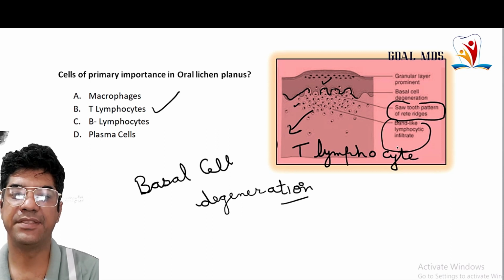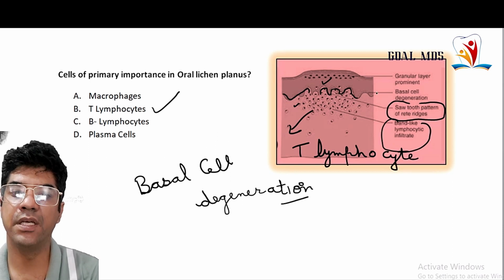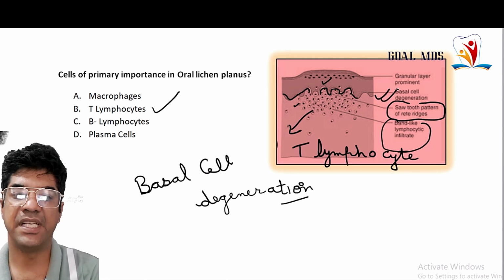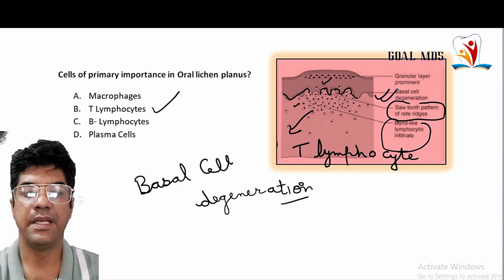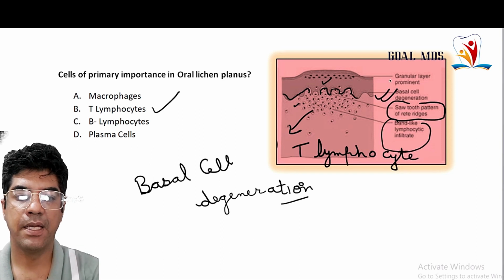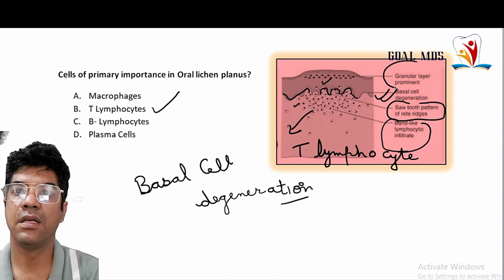So that means the damage and degeneration of the basal cells in the oral epithelium. There is a prominent granular layer, this one is the granular layer.